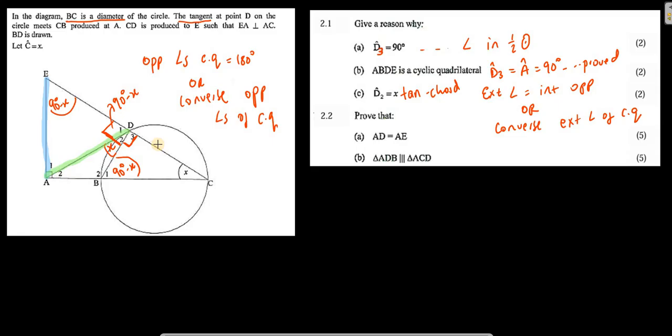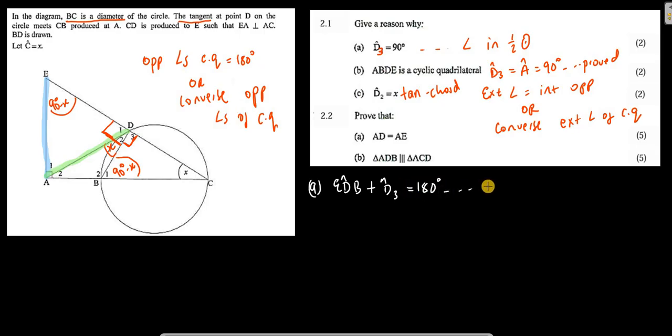Now, quite interesting. How can we prove that? Well, I don't think it's going to be very difficult, because why is it 5 marks? Even I don't understand why they're giving it 5 marks. Okay guys, so what you simply do is tell them that angle EDB plus angle D3 will give you 180 degrees.